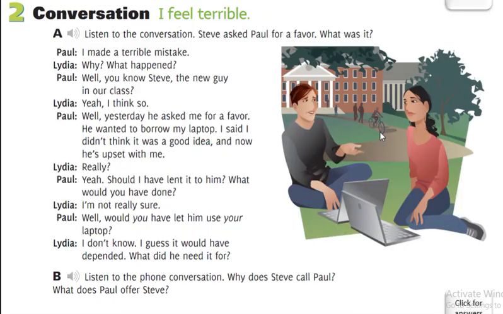All right? Now we have: I feel terrible. I made a terrible mistake. Why? What happened? Well, you know Steve, the new guy in our class? Yeah, I think so. Well, yesterday he asked me for a favor. He wanted to borrow my laptop. I said I didn't think it was a good idea. And now he's upset with me. Really? Yeah.